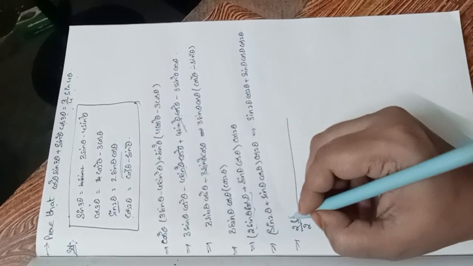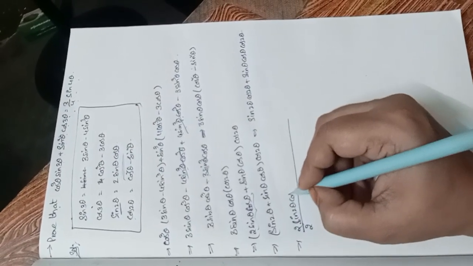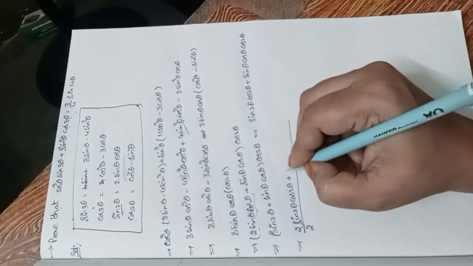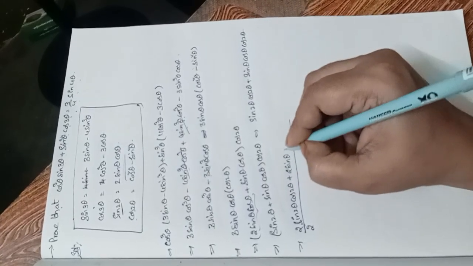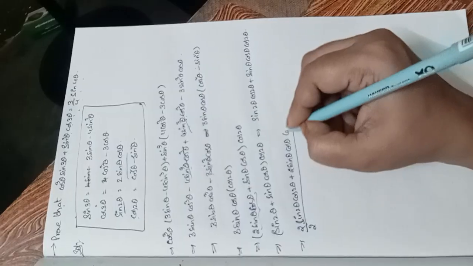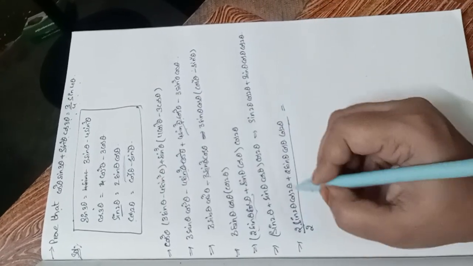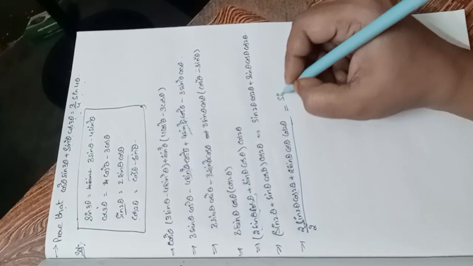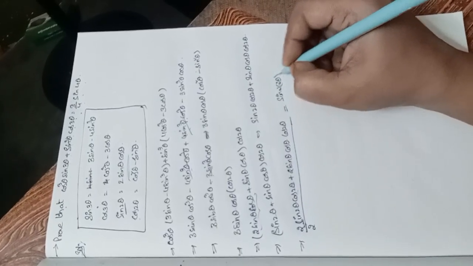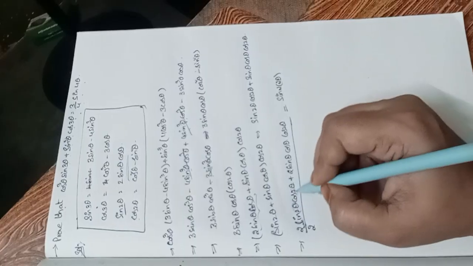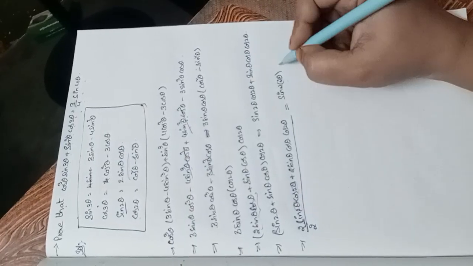What will we get? 2 sin 2 theta cos 2 theta plus 2 sin theta cos theta into cos 2 theta, by 2. This becomes sin of 2 into 2 theta. That means in the place of theta we have 2 theta, so that's why we got it like this.